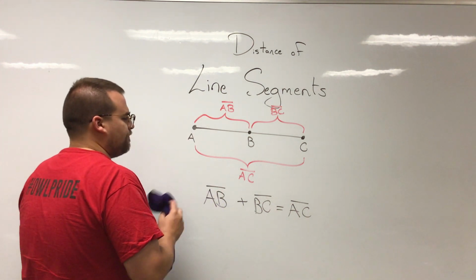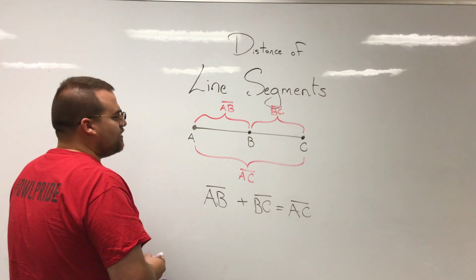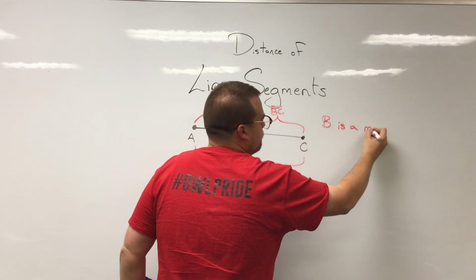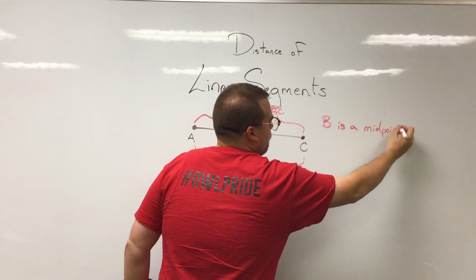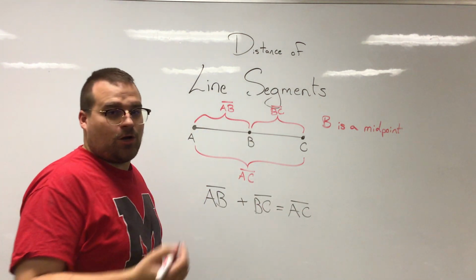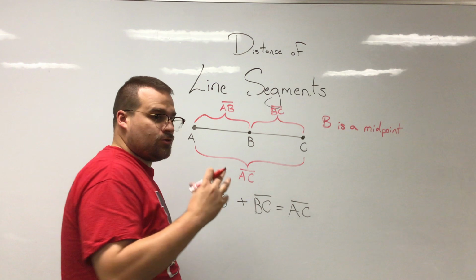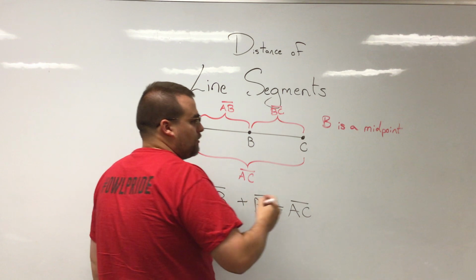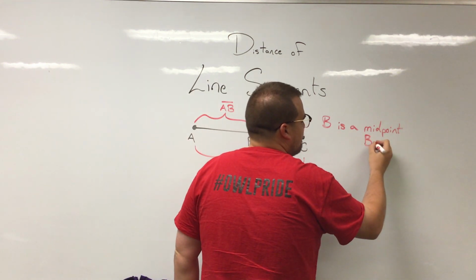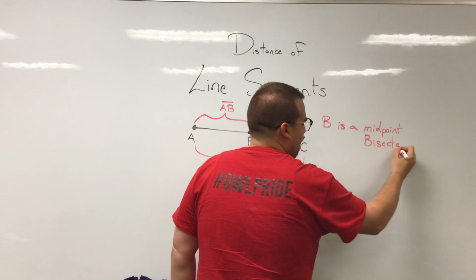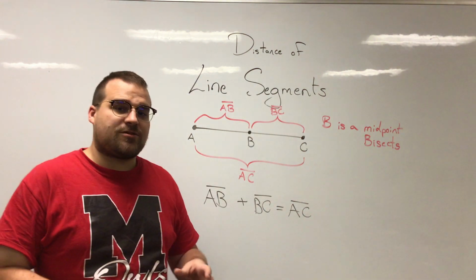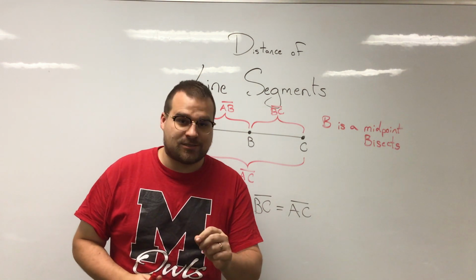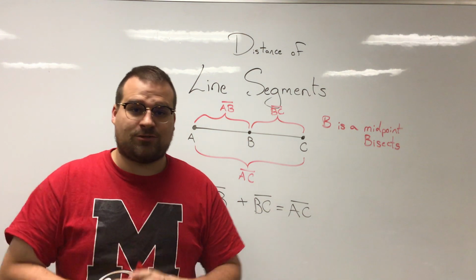So let's say that B is a midpoint. Now, midpoint is the term we're going to be talking about, but I also want to talk about a synonym for midpoint, another word that means the exact same thing that you may also hear, and that is that B bisects the line. This means that B isn't just somewhere in the middle, but B is the middle, the exact center, right?